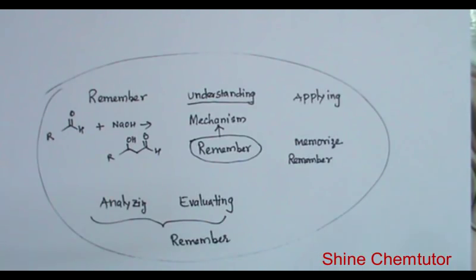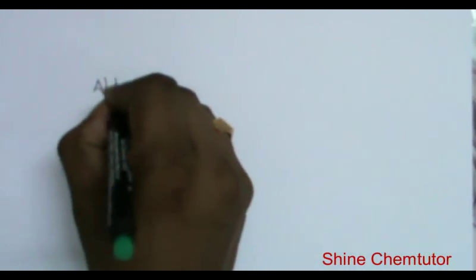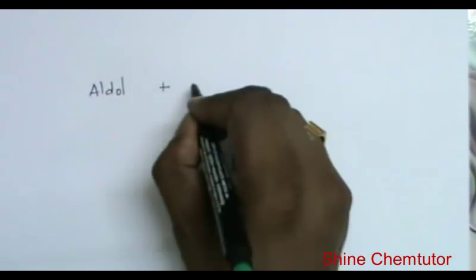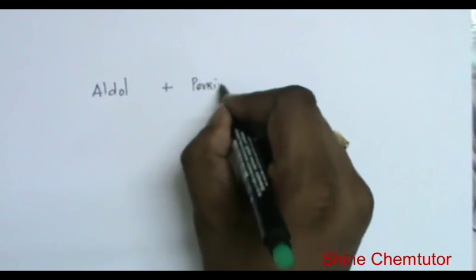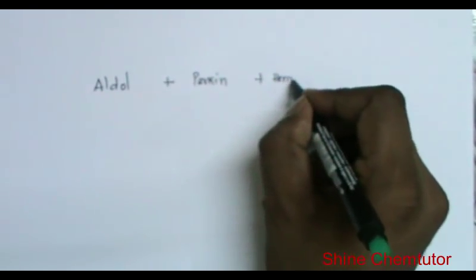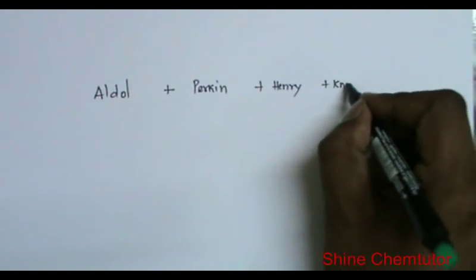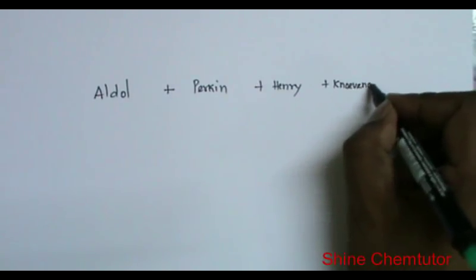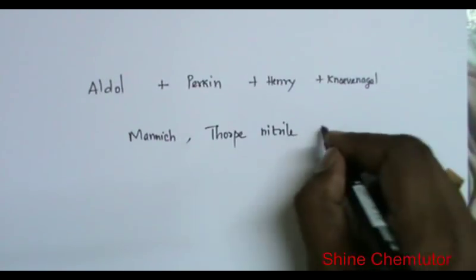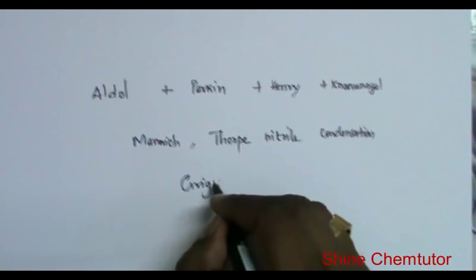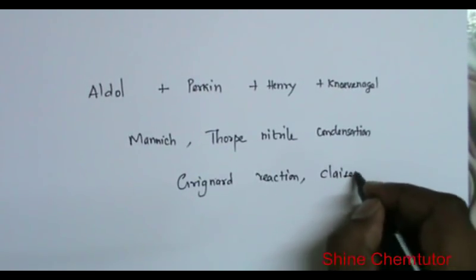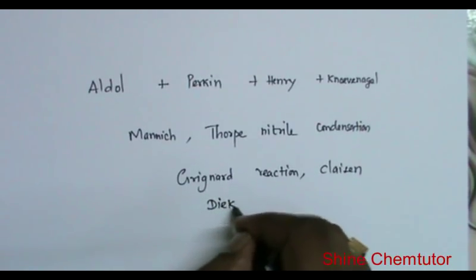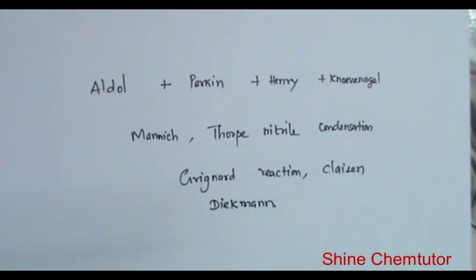On the other hand, if you have understood a concept, say the Aldol reaction concept, then the Perkin reaction, Henry reaction, Knoevenagel condensation, Knorr reaction, Claisen condensation, Dieckmann condensation, all these reactions will come under one concept.